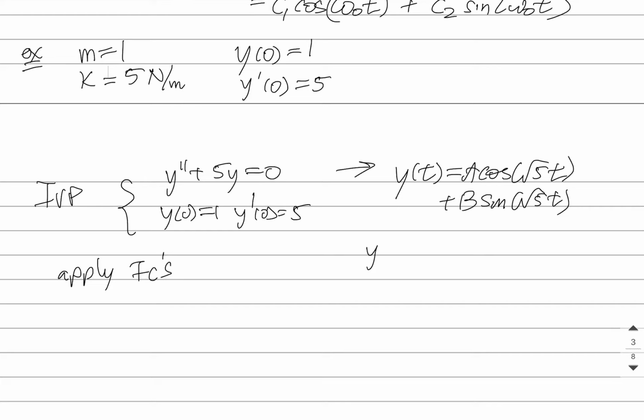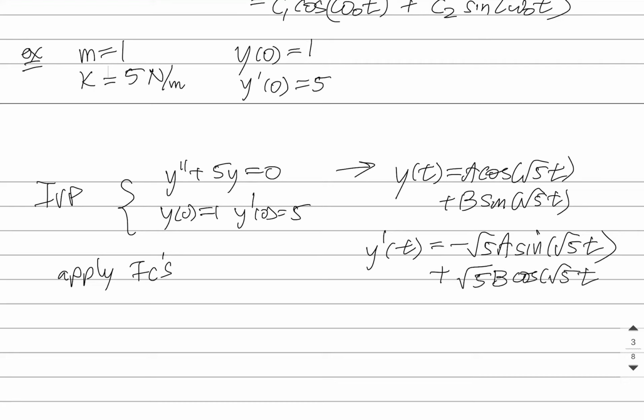And to do that, we're going to need the derivative, negative root 5 a sine of root 5t plus root 5 b cosine of root 5t. And if we apply the initial conditions, we'll get a is equal to 1.